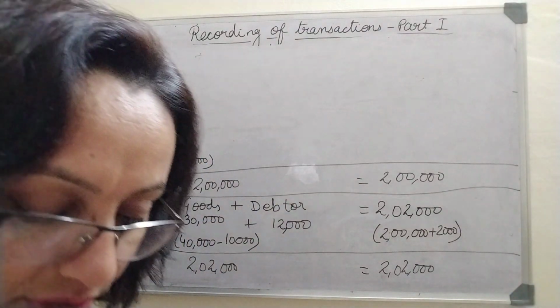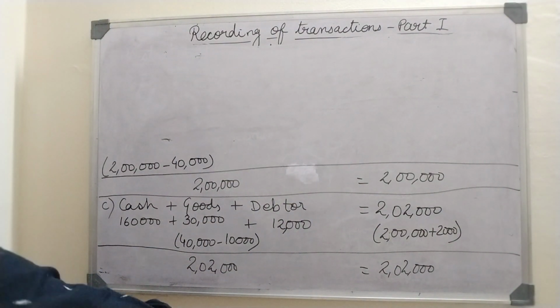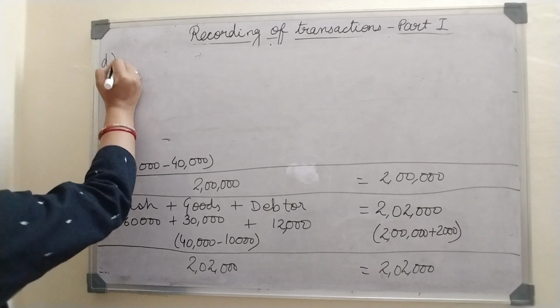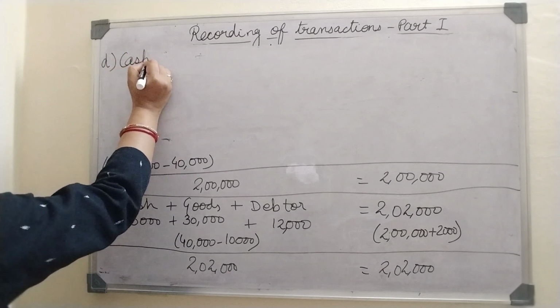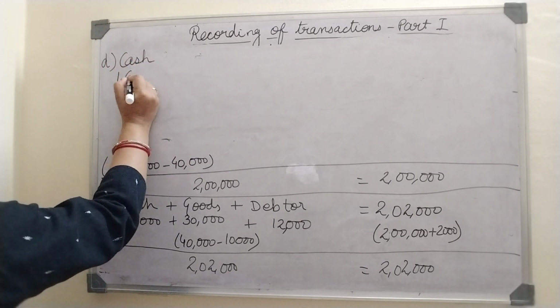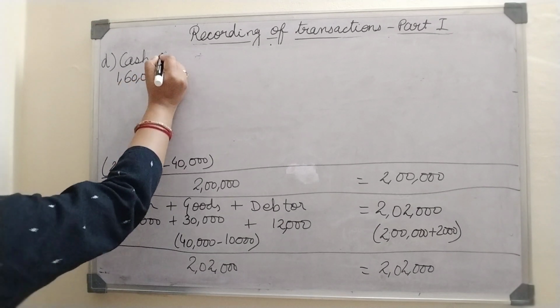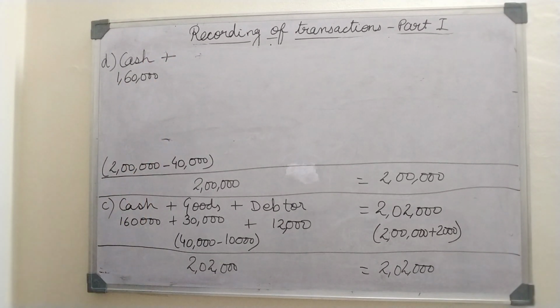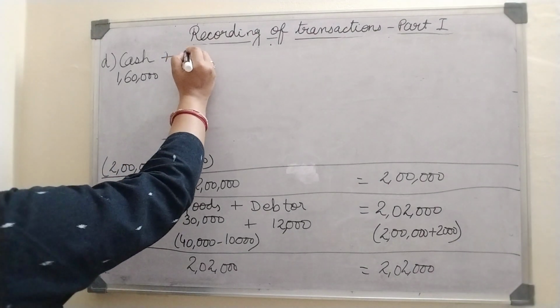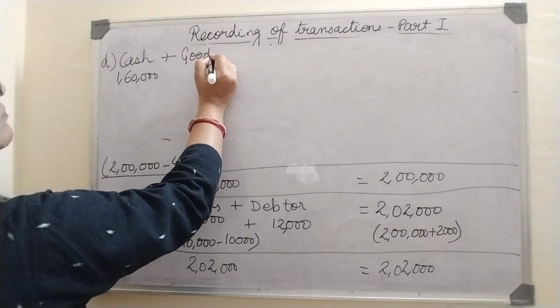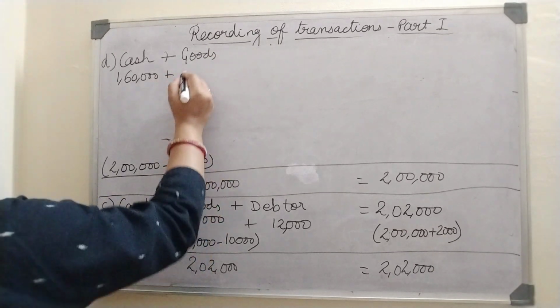Our fourth point is, again, cash is untouched, 1,60,000, plus when we get the furniture, don't add it in goods. Goods are different. So goods are 30,000.